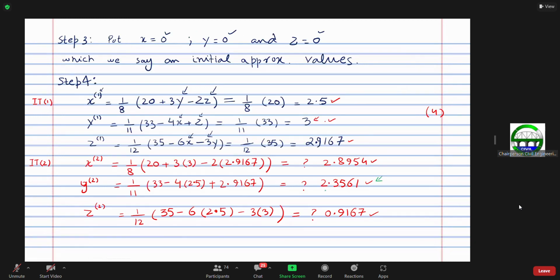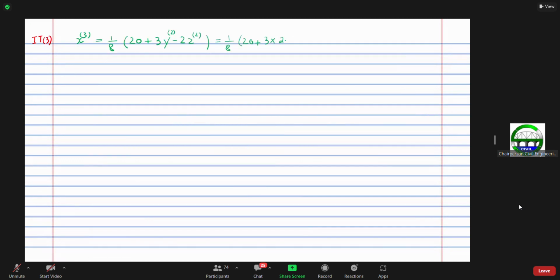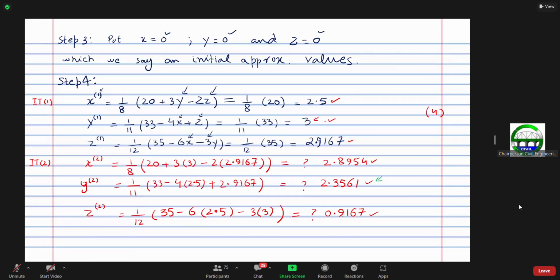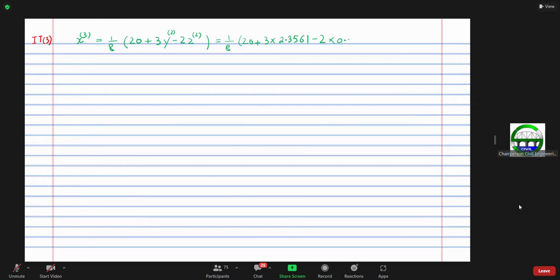Y2 is equals to 2.3561, minus 2, and the value of z in the second iteration, 0.9167. And then solve it and give me the answer.